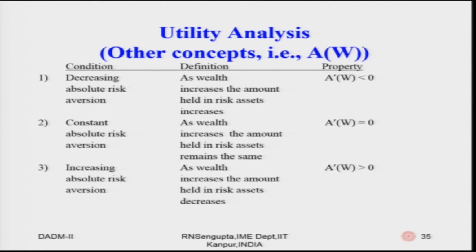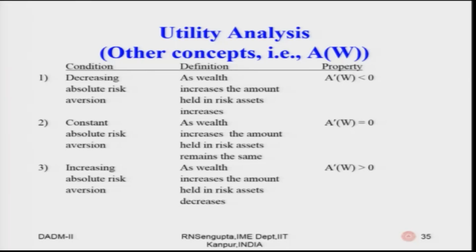The first condition states that the decreasing absolute risk aversion property is true. What does that mean in the practical sense? It means that as the wealth of that person increases, or as the total amount of investment in a decision increases, the amount held in risky assets, or let us use the word risky decisions, also increases.